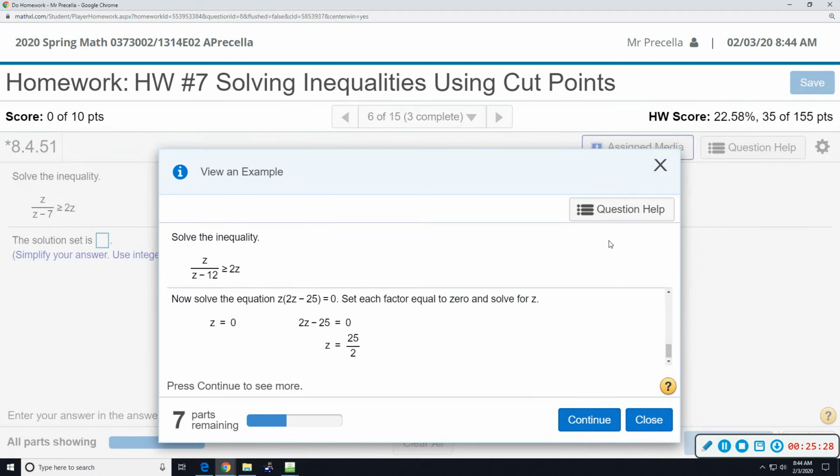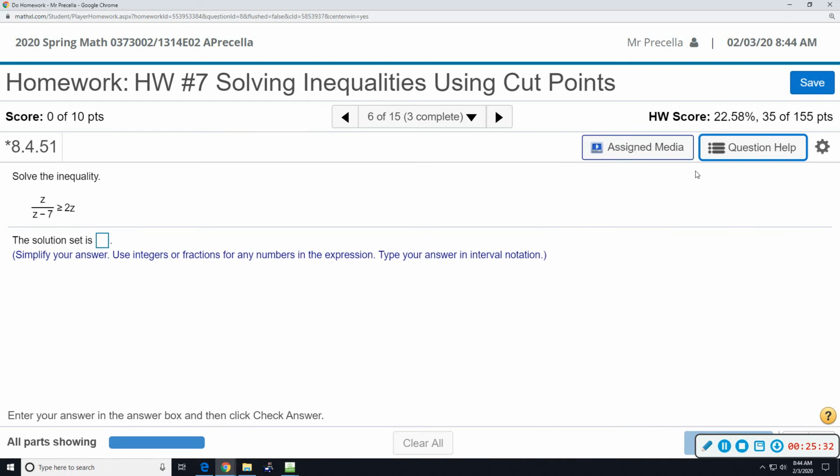But I always do the solution cut point first. The order in which you find them doesn't really matter. But over the years, I always find solution cut points first. So I'm solving z over z minus 7 equals 2z. I'm going to rewrite that 2z is 2z over 1.